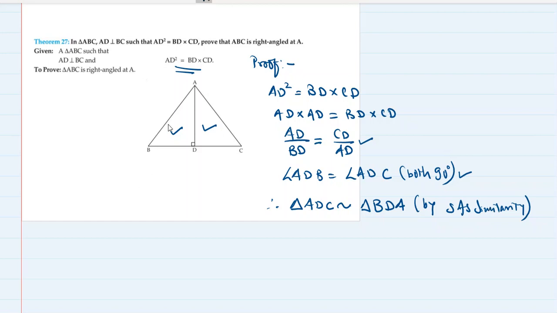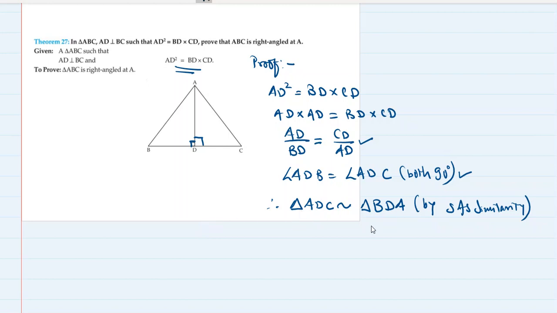Okay, now I know that these two triangles are similar, and in these two similar triangles, angle ADB and ADC are equal because they both are 90 degree. But there are some other angles also which are equal. Let's find them. Which are those?